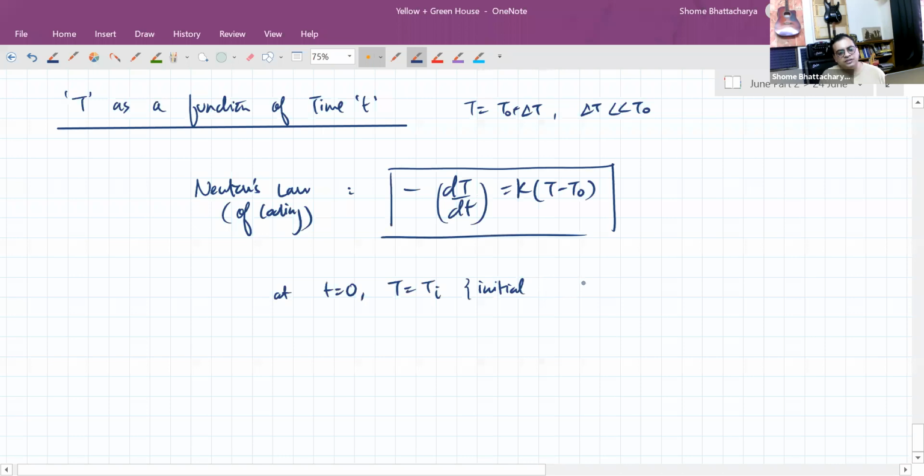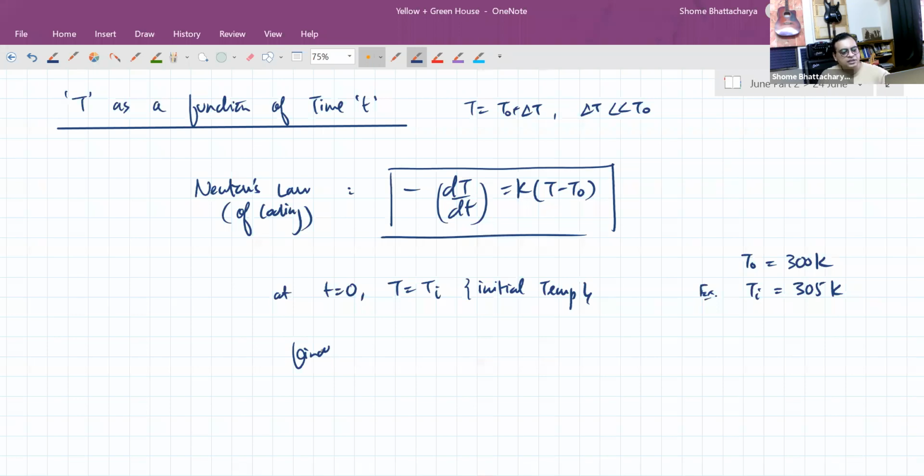Let's do this with an example. For example, this initial temperature might be 305 Kelvin. The surrounding temperature is, let's say, 300 Kelvin. Now we want to find, at a general time t, what is the temperature?